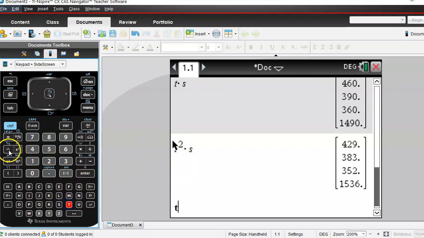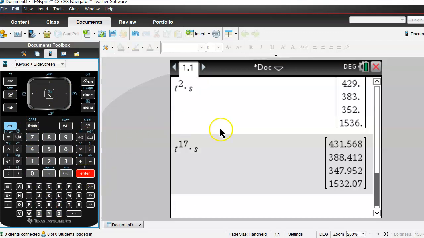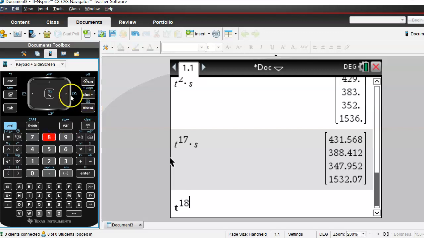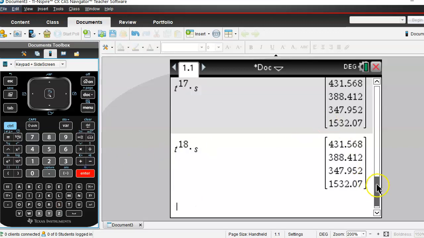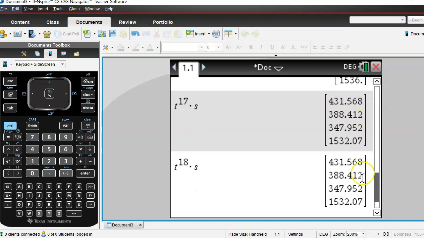I'm just going to guess, I don't know, 17, times S. So let's go T to the 18 times S. That is steady state, isn't it? Because they've not changed.